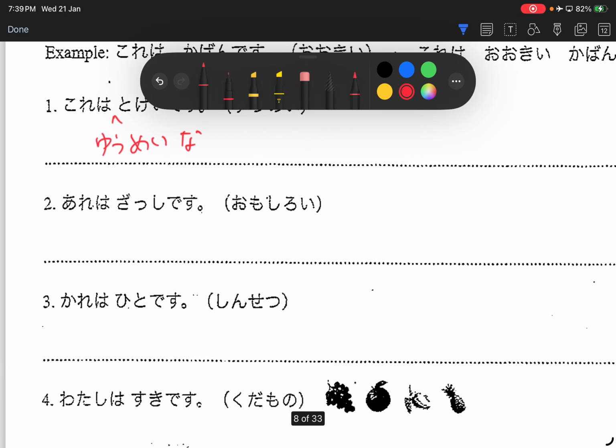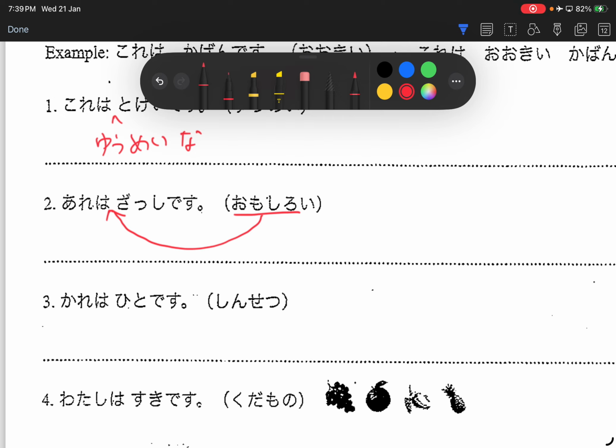Okay, number 2. あれは雑誌です。Bracket 面白い. あれは面白い雑誌です。Yes. 面白い雑誌です。See, this one we don't need to add anything because it's an E adjective.